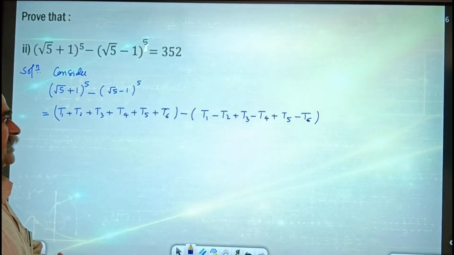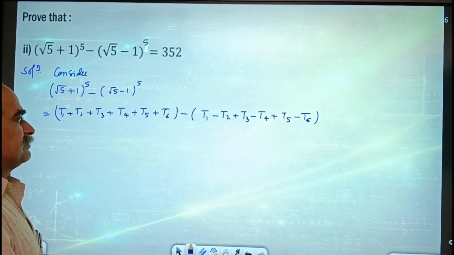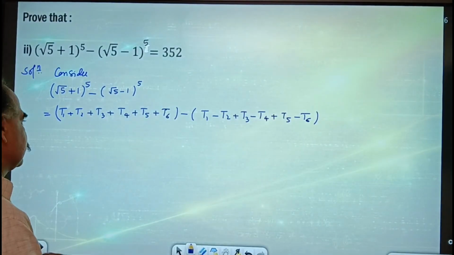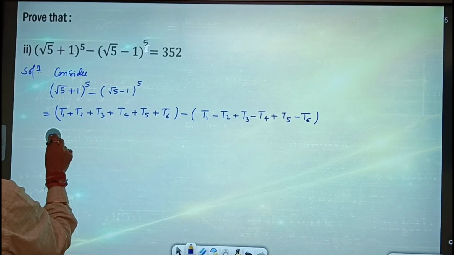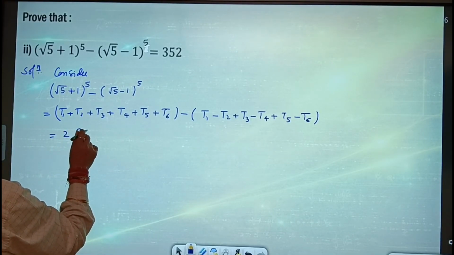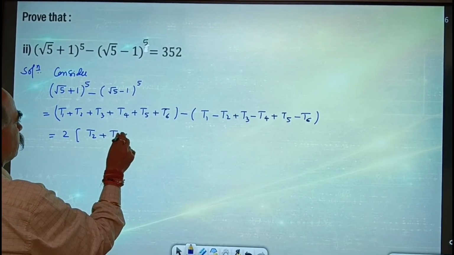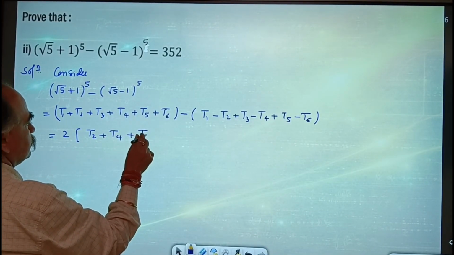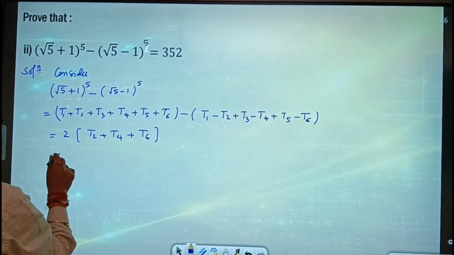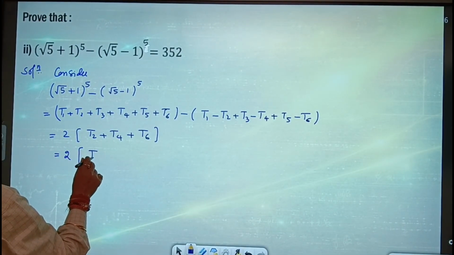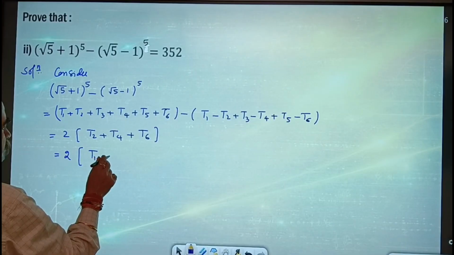When we open the bracket, T1, T3, T5 will get cancelled. We'll get 2 times T2 plus T4 plus T6. 2 times T2 is what? T1 plus 1.